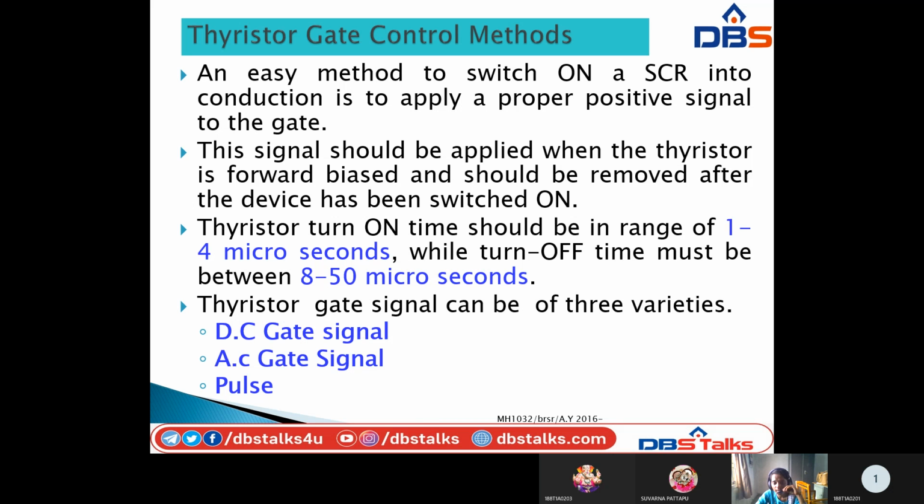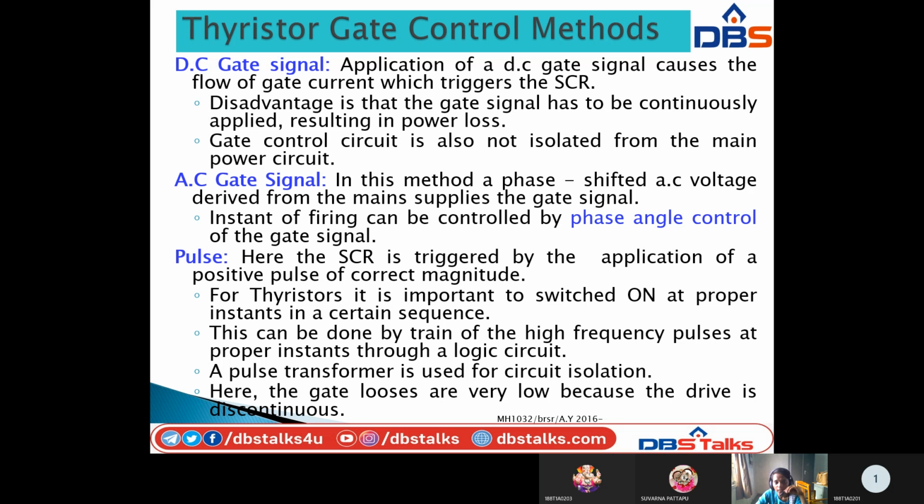The thyristor gate signal can be of three varieties: DC gate signal, AC gate signal, and pulse. In the DC gate signal method, application of a DC gate signal causes the flow of gate current, which triggers the SCR. The disadvantage is that the gate signal has to be continuously applied, resulting in power loss.